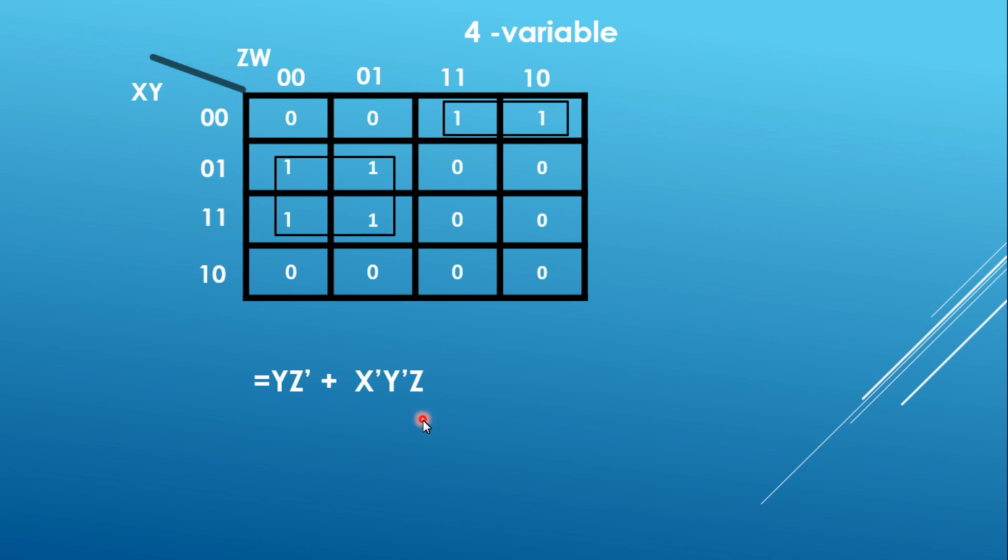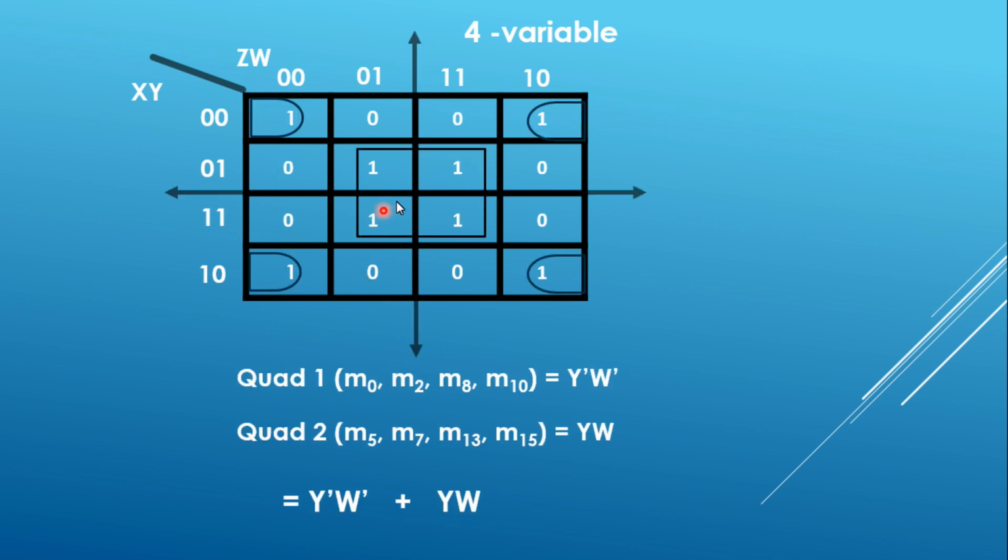Now there are two quads. You have to specify to the examiner which quads you are considering. Otherwise, how does he or she come to know which quad you are considering first and which the second one? So for the term numbers, quad 1 is M0, 2, 8 and 10.